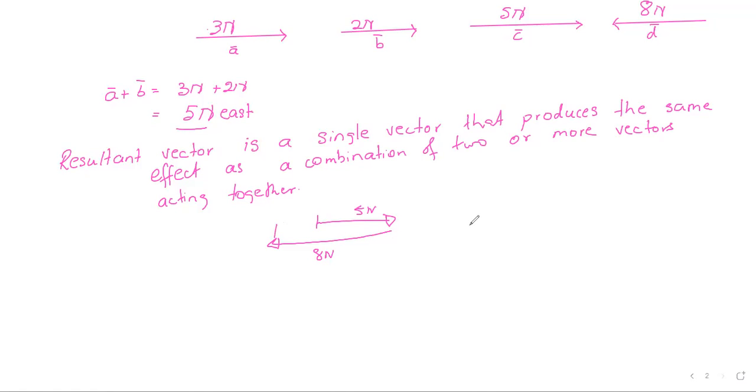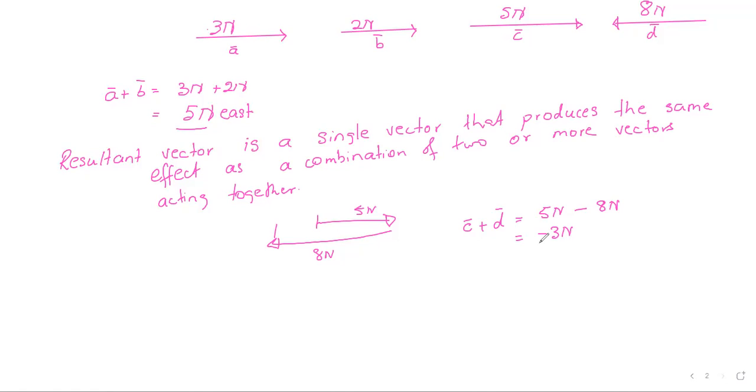Now, we say vector C plus vector D will equal 5 Newton minus 8 Newton, because this one goes east and this one goes west, negative 3 Newton. Note, the negative sign in vectors shows direction.